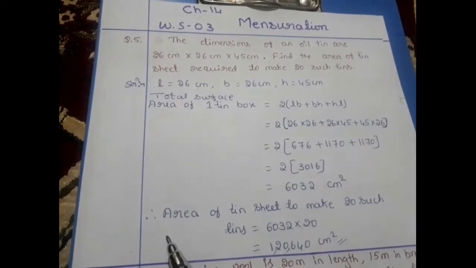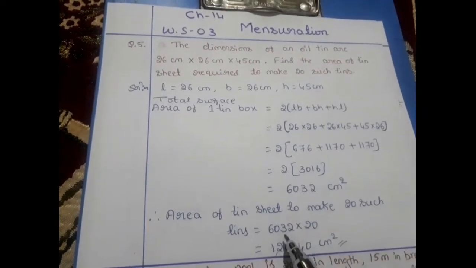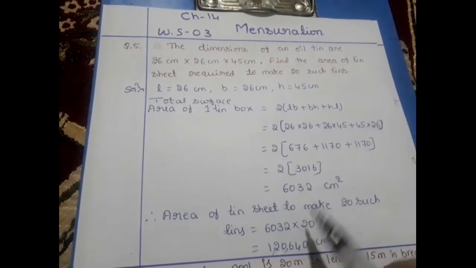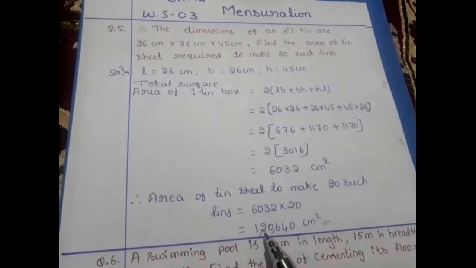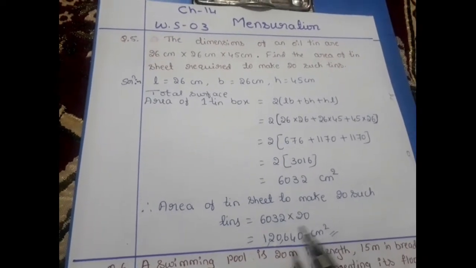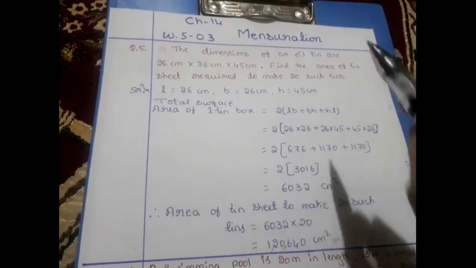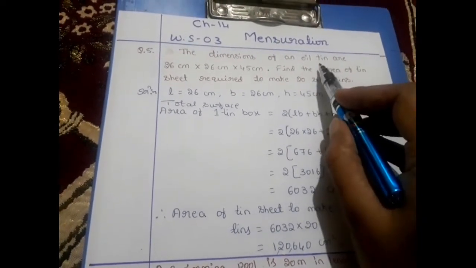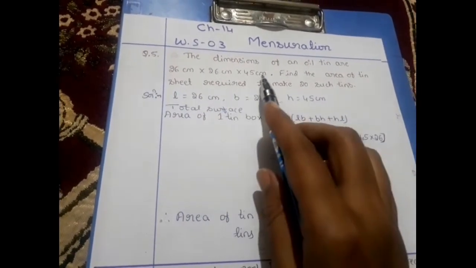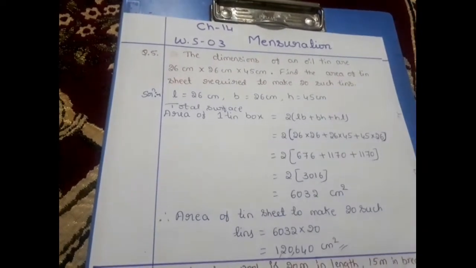Therefore, the last conclusion: the area of tin sheet to make 20 such tins is equal to 6032, area of one tin, into 20, which will give 1,20,640 centimeter square. This is the total area required to make 20 such tins when each tin has dimensions 26 centimeter into 26 centimeter into 45 centimeter. This completes worksheet 3, question number 5.